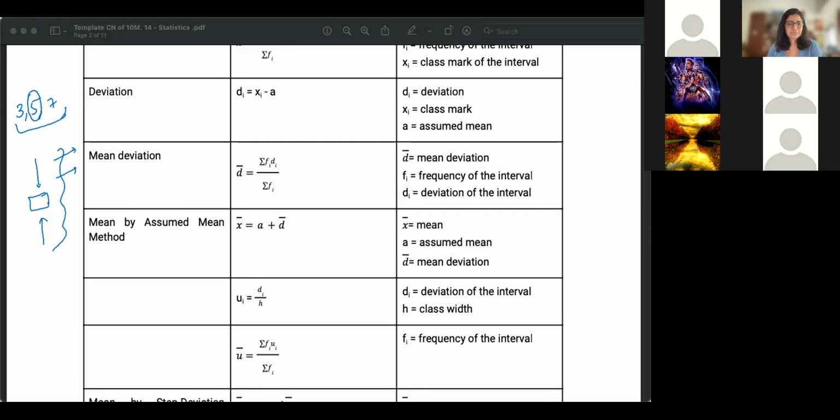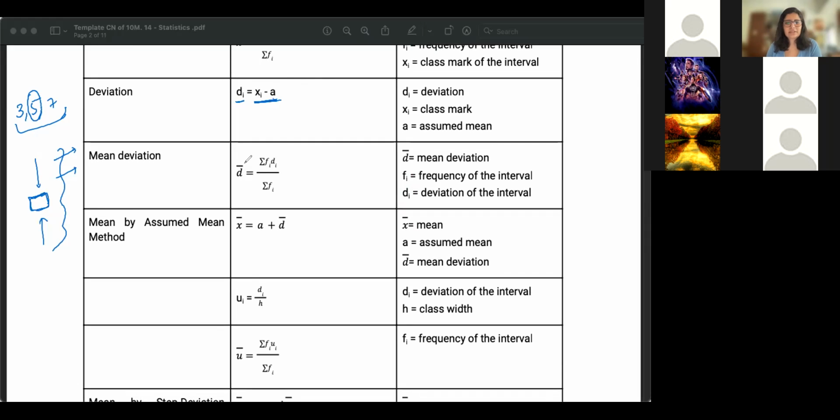First step, you're assuming a mean that is somewhere central to all the values you have. Then you'll find the deviations of each class mark from that mean. So that is what di is. For each one, by how much is it deviating? That is given by di = xi - a.